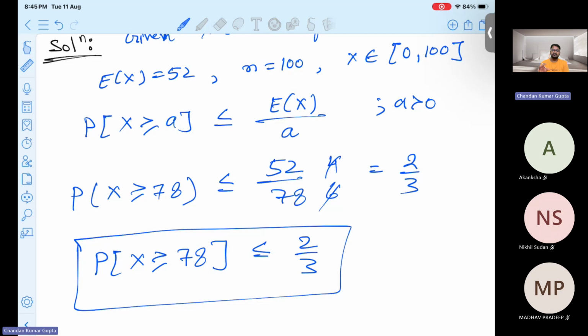So this will give us an idea, a bound. If we have some more information, then we will definitely have a better result. But here we have a bound.